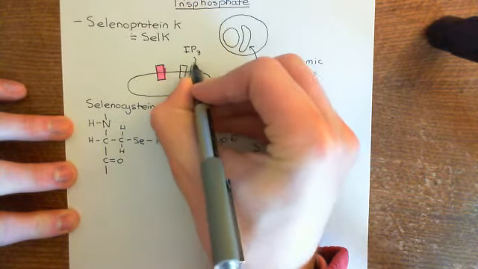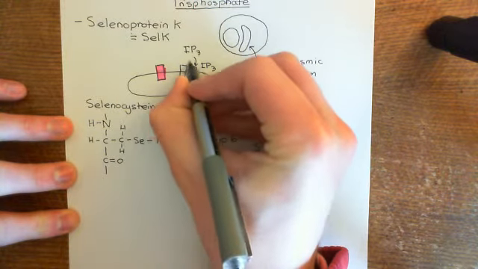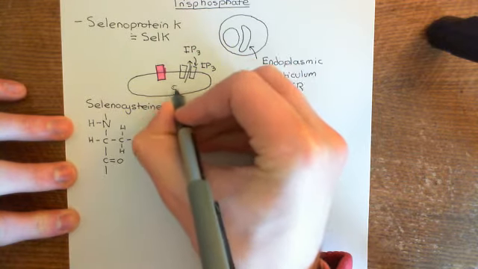Okay, so IP3 will act on these IP3 receptors here, which will then cause the release of calcium from the ER into the cytoplasm.